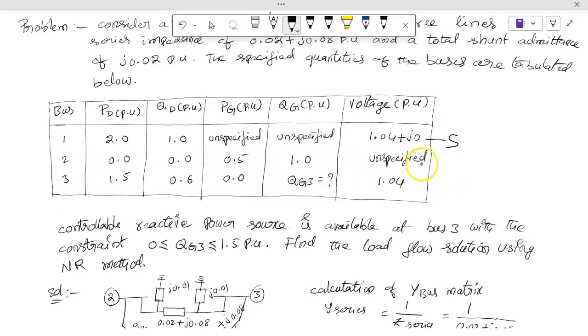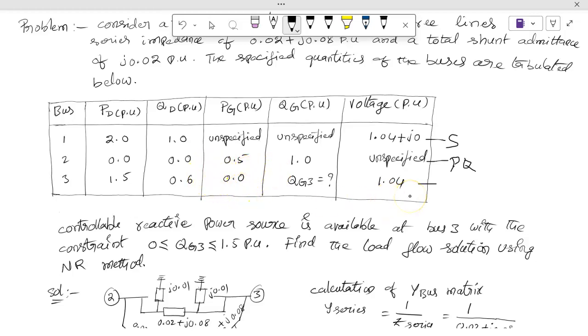Second bus here, what they have given, V and del are unspecified. That means P and Q values they are given. Then this is the PQ bus. For the third bus, voltage is given and P value they have also given.